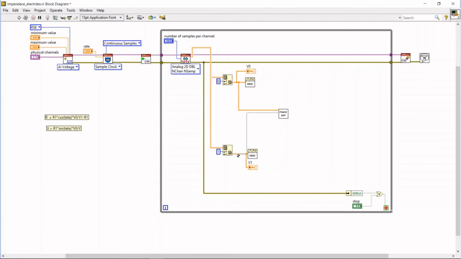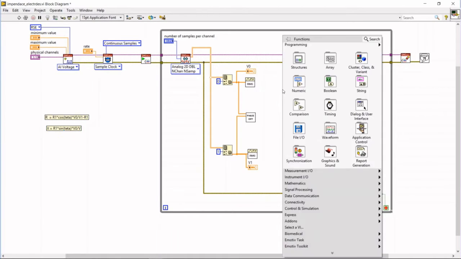Okay, so let's make this a little bit nicer. Next, we are going to multiply that with R1 and V0/V1 for R and for X also.